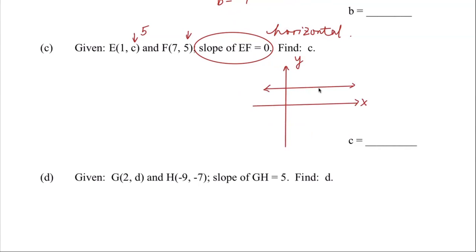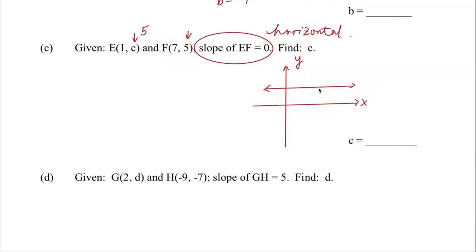Because the slope is 0, it has to be horizontal. All the points on it have the same y value, and all the points have different x values.